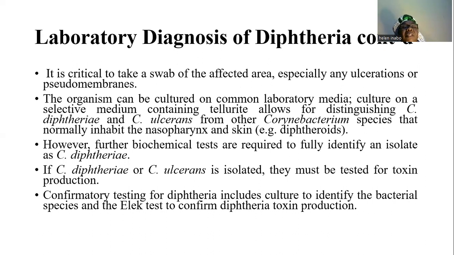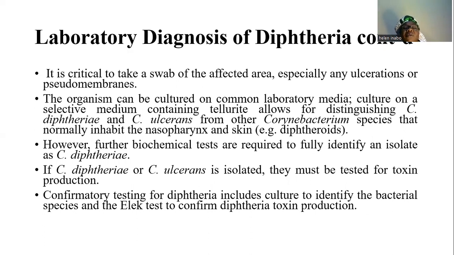It is important to take a swab of the affected area, especially the ulceration if it is cutaneous diphtheria, or the respiratory tract if it is respiratory diphtheria. If it is respiratory diphtheria, then the pseudo membrane should be swabbed.